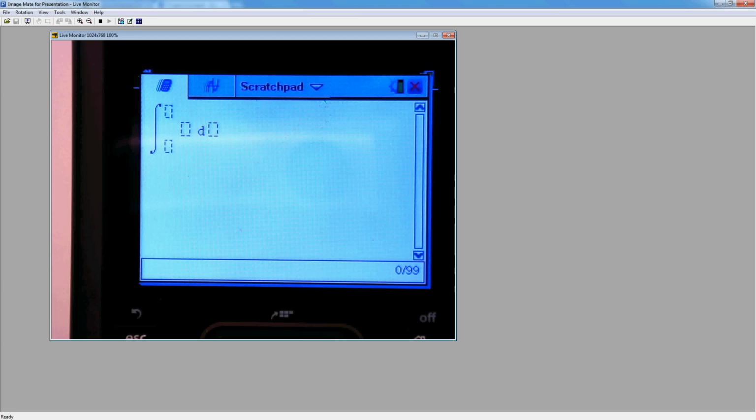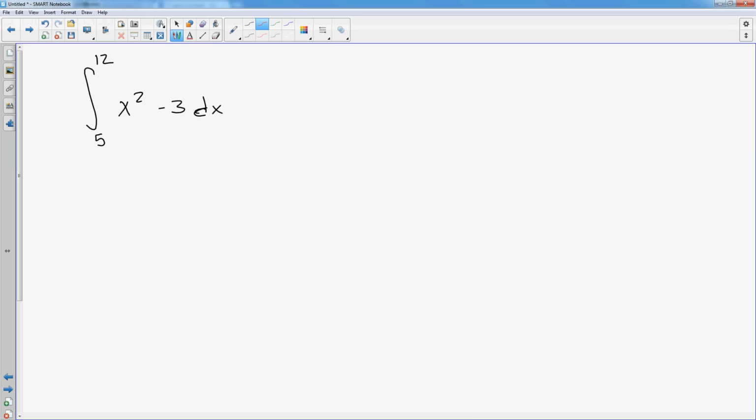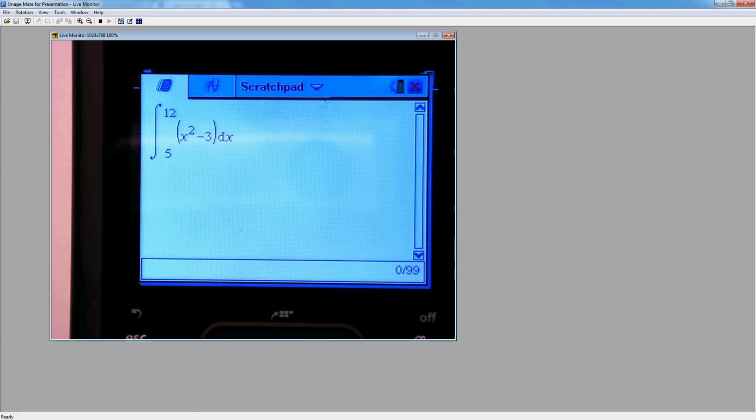All I have to do now is fill in those blanks. So I'll type in a 5, I will arrow up to the top box, I'll type in the 12, then I'll arrow over to this box and I'll type in x squared minus 3, and then I will type in the x because it is a dx problem. And notice the way I punch it in the calculator is the exact same way you write it on the paper. Then you hit enter and you get your answer.